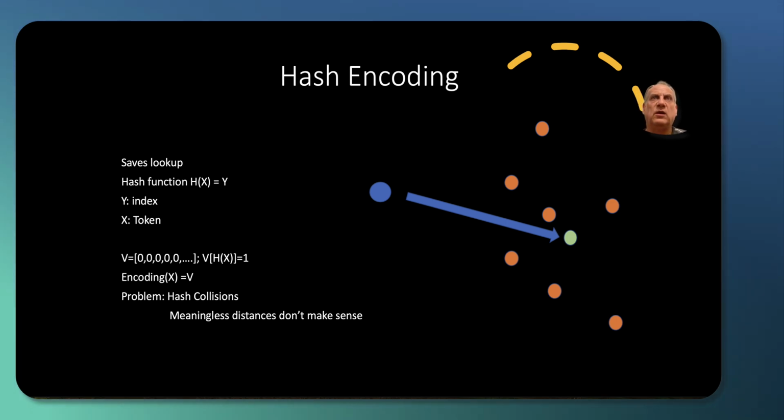And you could almost imagine that rather than associate each word to a one-hot vector, you could associate it to a random number of a fixed length, say between 1 and 100,000, and then it would just be random.